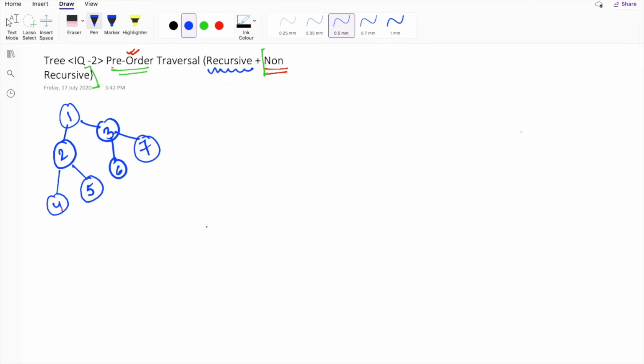So let's see how we will implement this problem. So let's name the method as pre-order traversing. And just like our previous problem also, here we will pass the root node of the tree, that is of type binary tree.